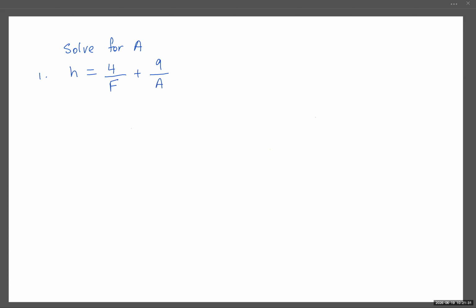So we're still solving for a letter that's on the bottom in the denominator. We have to bring it out of the denominator. In order to do that, we have to multiply by the least common denominator of that expression. So the LCD, or the least common denominator, is the two denominators multiplied together. So this is f times a. So each and every term in this equation will be multiplied by the LCD.